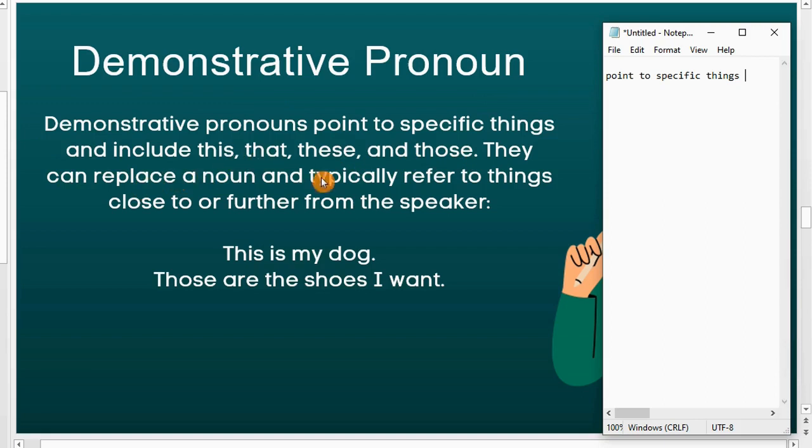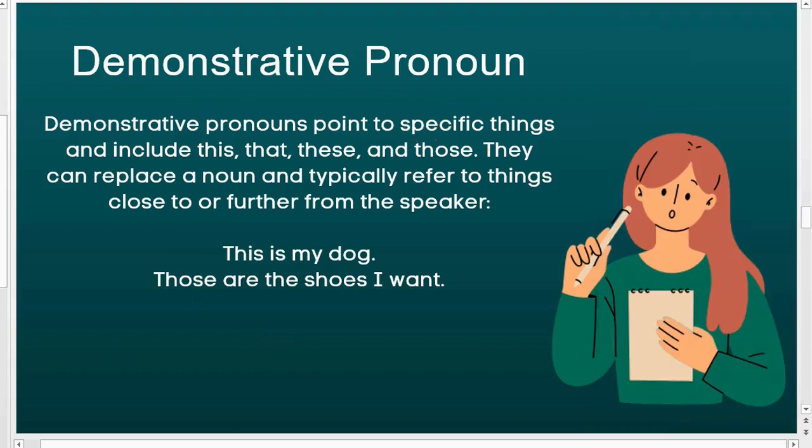They can replace a noun and typically refer to things close to or further from the speaker. This is my dog. Those are the shoes I want. Most of the time we use these words naturally when we talk. This is my phone. Those are my clothes. So when it points to specific things, it is known as a demonstrative pronoun.